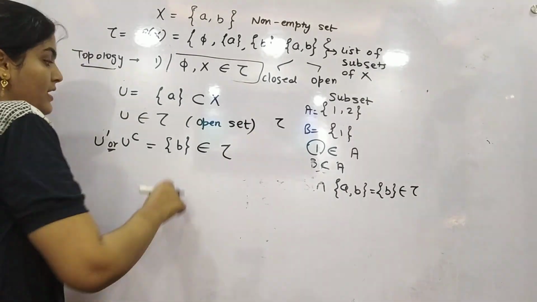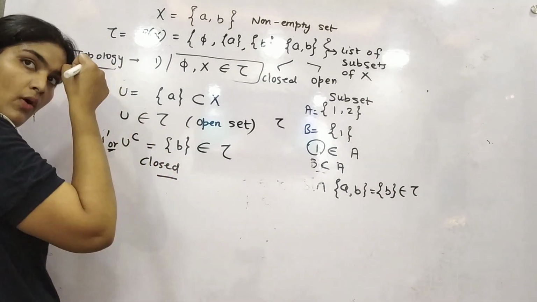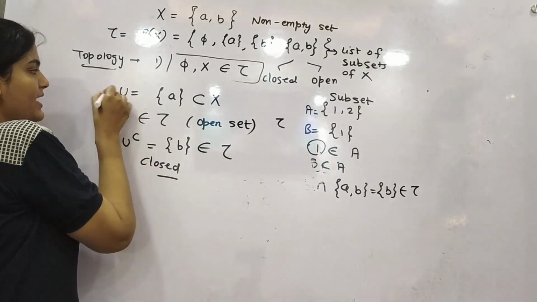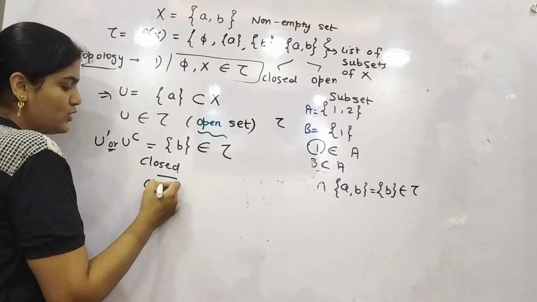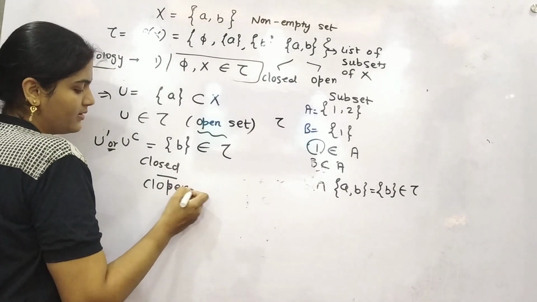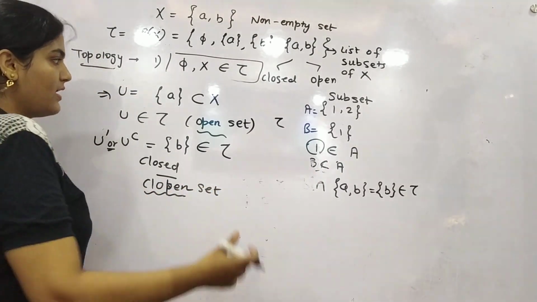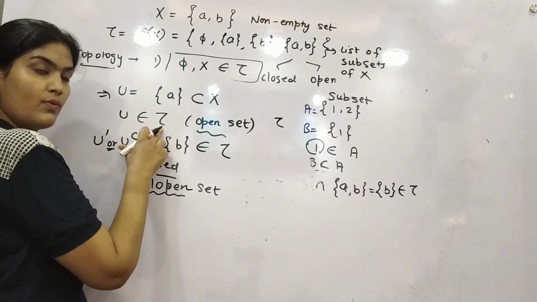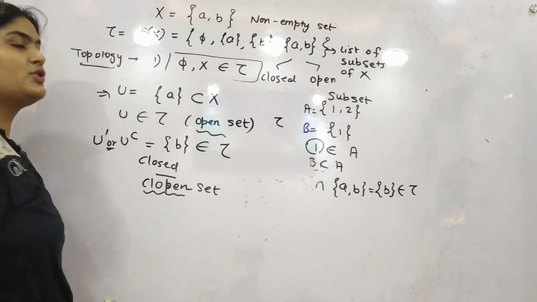That's why it is closed. Alright? So this set U is both open and closed. That's why it can also be called clopen. If it did not belong to tau, then it would not be an open set, nor a closed set. So in this way you can check it out.